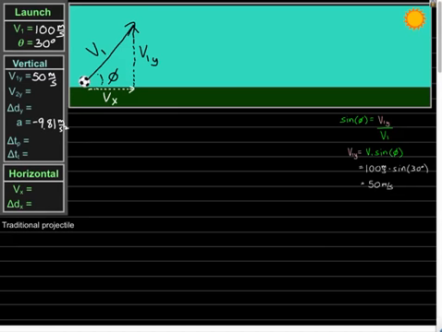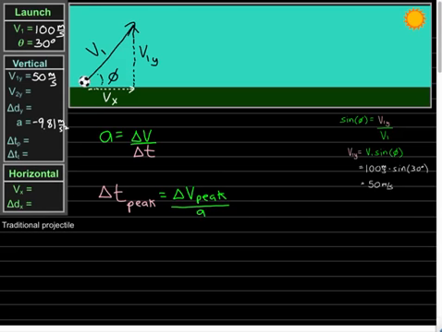So we use the equation: acceleration is equal to a change in velocity divided by a change in time. Specifically, we're looking for the change in time to the peak, and that's going to be equal to the change in velocity to the peak divided by the acceleration as it's rising to the peak.